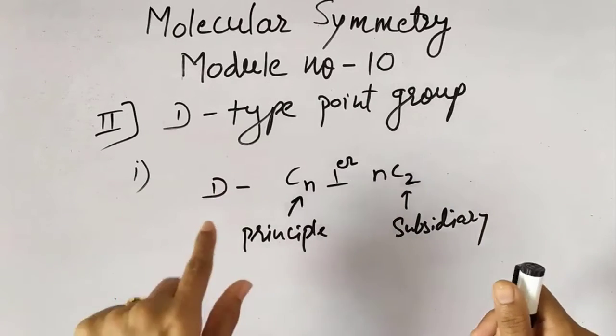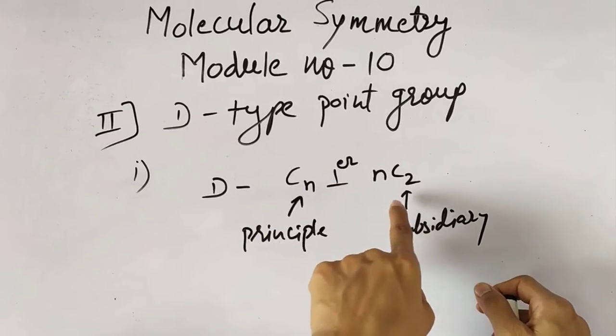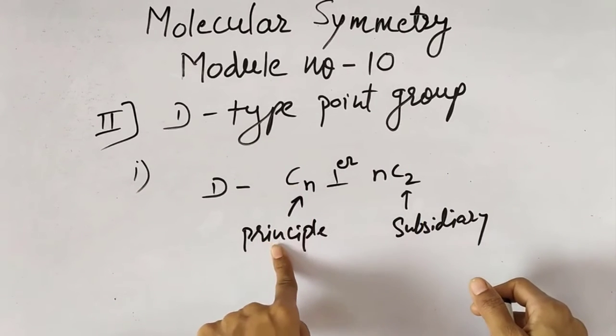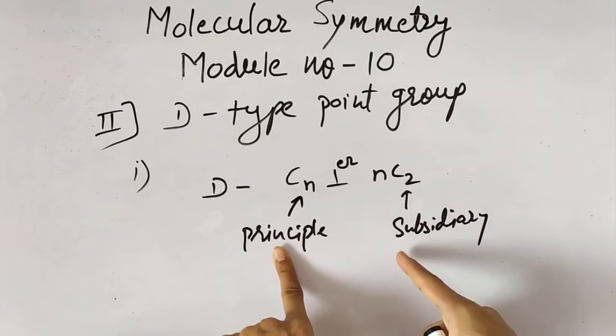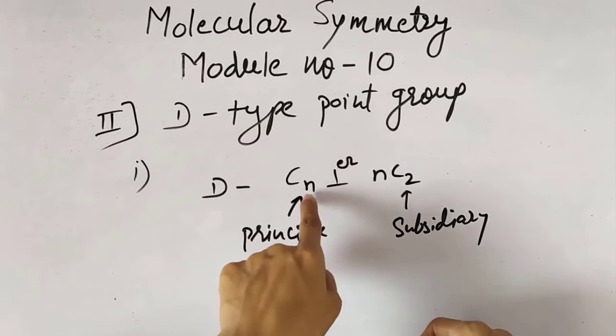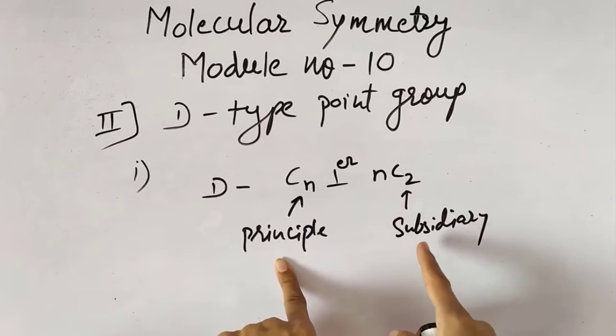So what's the definition of D? Cn perpendicular to n number of C2 axes, where this Cn must be the principal axis and this C2 is the subsidiary axis.